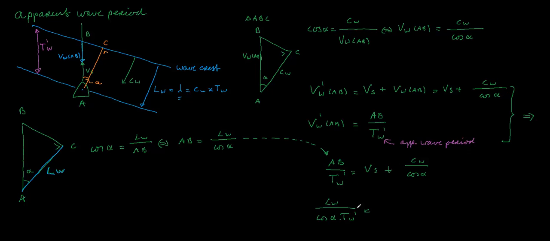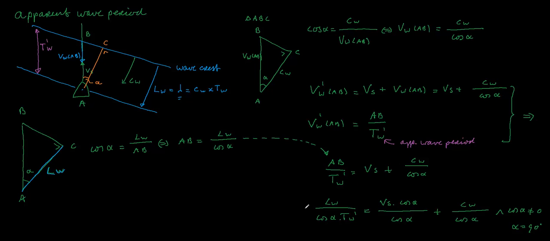We have a cosine here, we have a cosine there. So we say V_s times cosine alpha divided by cosine alpha. We do nothing wrong, except when cosine alpha would be 0, but we come to that later. Added to the wave speed divided by cosine alpha. Okay, and we say cosine alpha is not 0. That would be the case if alpha is 90 degrees. Well, then we're not so much interested in the apparent wave period.